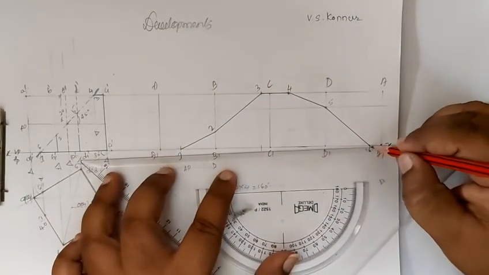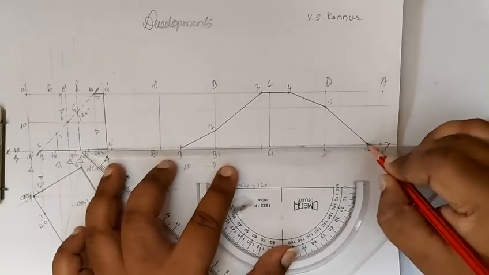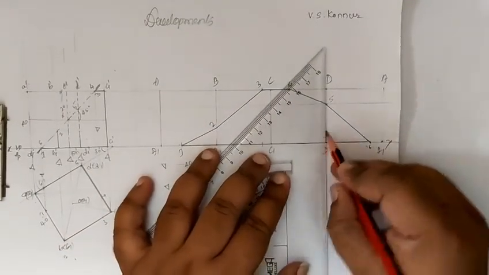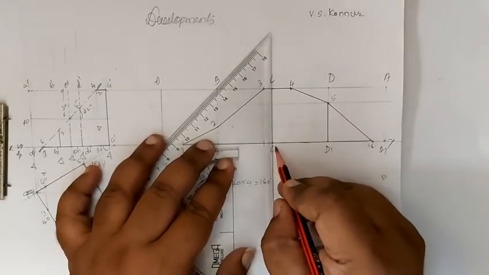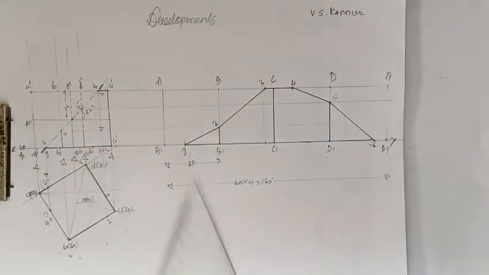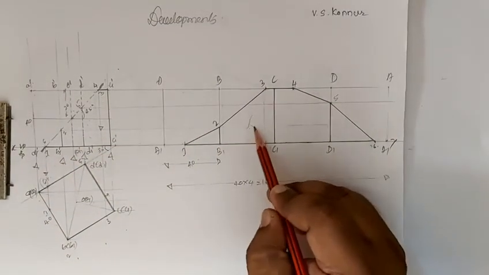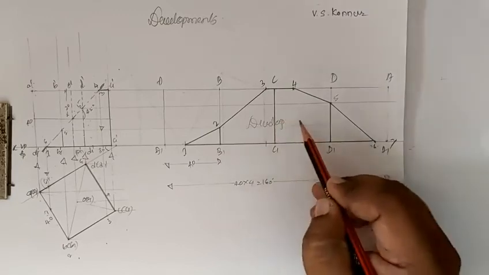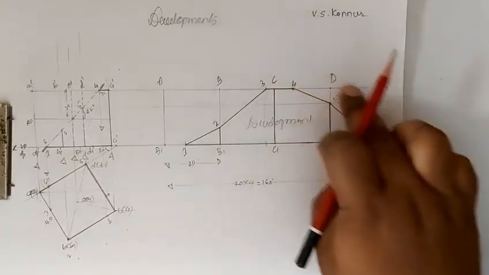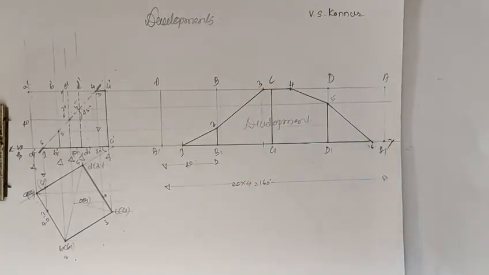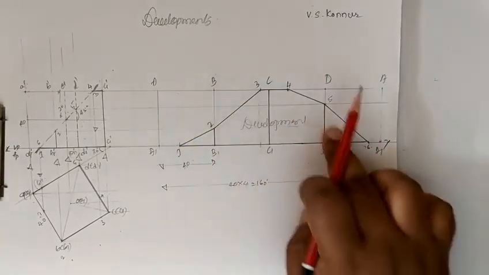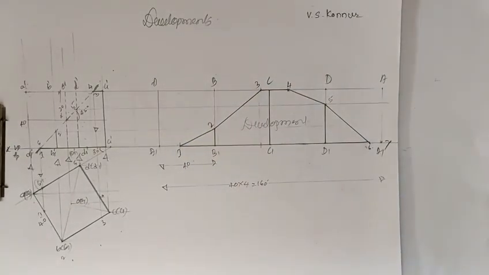Then we'll join these points 6 to 1, and then we'll make it dark, the part which is inside this development. Till that part you have to make it dark. This is called the development. The developed part, these parts will be cut and removed from the prism. So this is called the cut section of the part. Thank you.